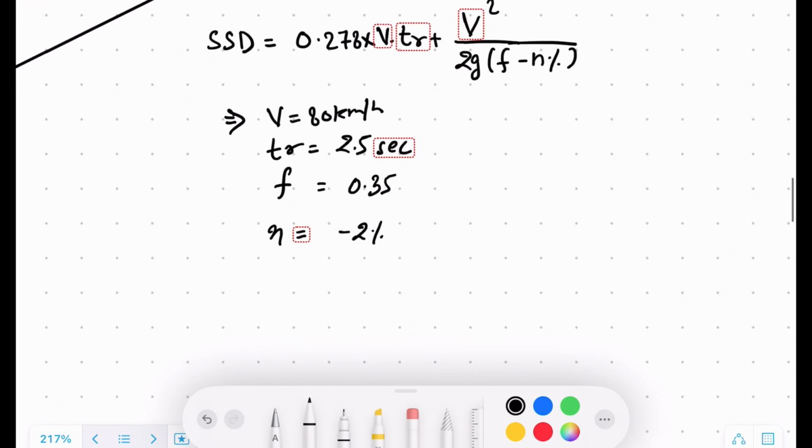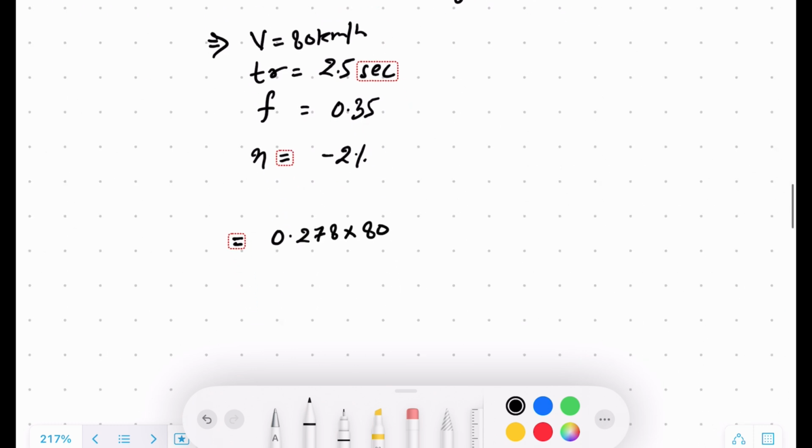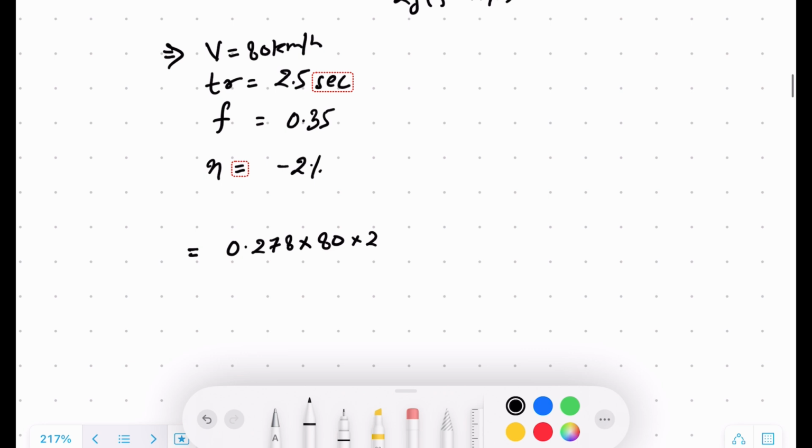Okay, so now we simply have to put the values in the formula. 0.278 into 80 into 2.5 plus V square, 80 square divided by 254 into f, which is 0.35 minus 0.02.